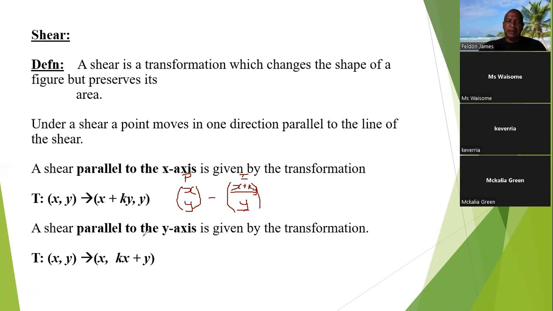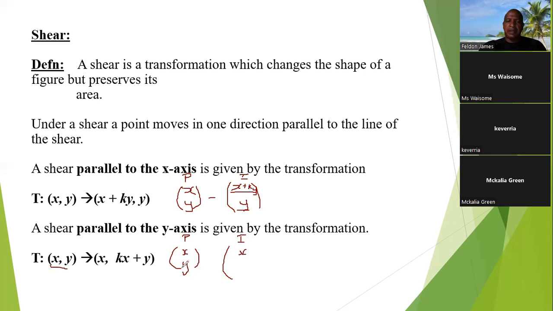Likewise, if you have a shear parallel to the y-axis, we have the pre-image in column form, x y. If you map this so that the shear is parallel to the y-axis, then the mapping would not affect the image of the x coordinate, so it remains the same.